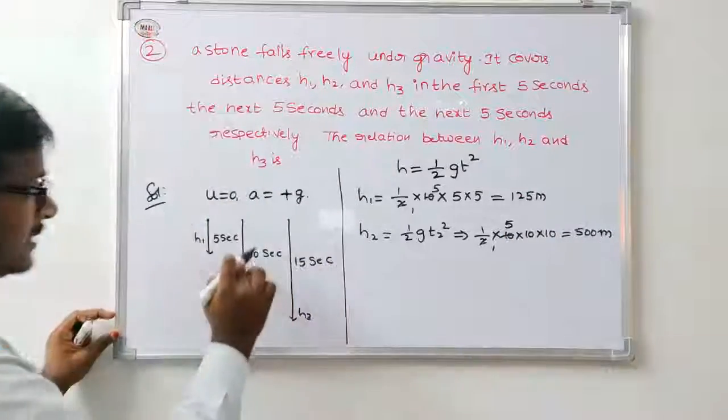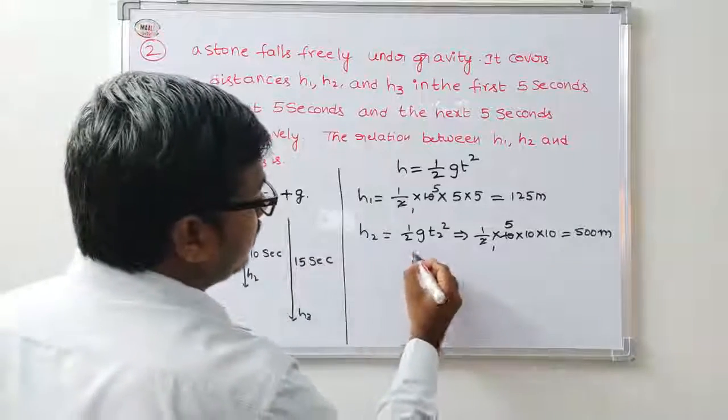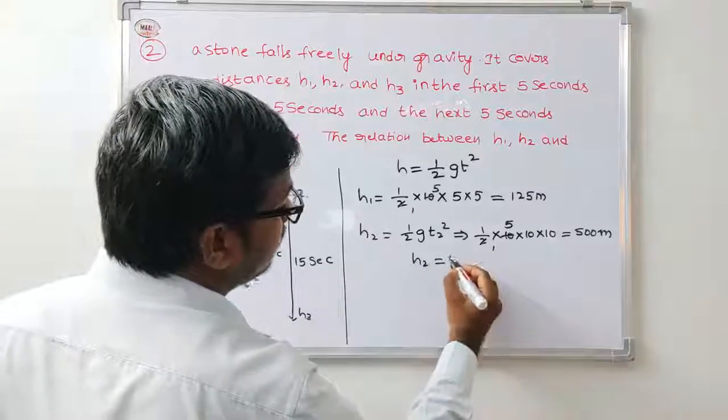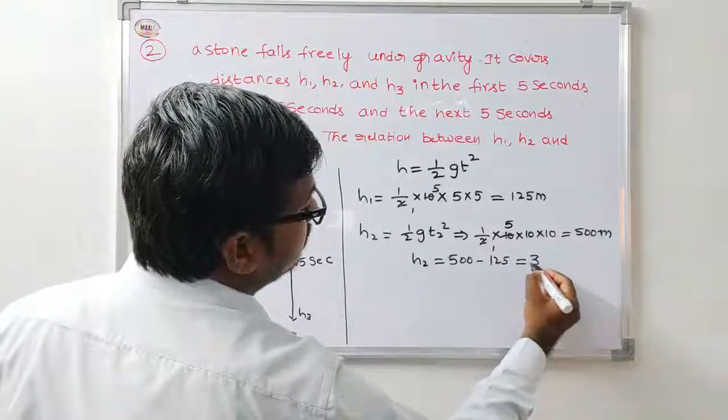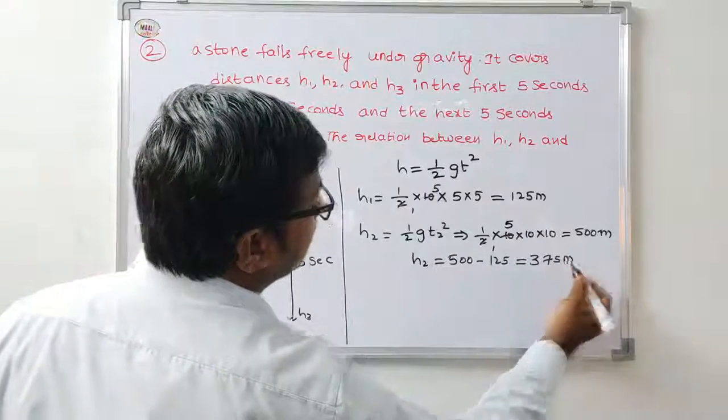Therefore, the distance covered in this interval, h2, is equal to 500 minus 125, that is equal to 375 meter.